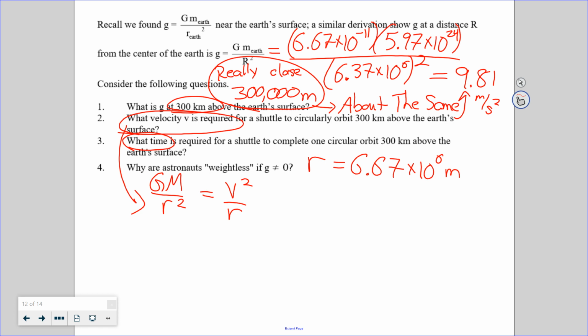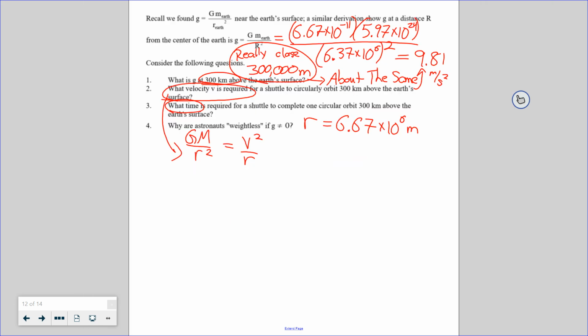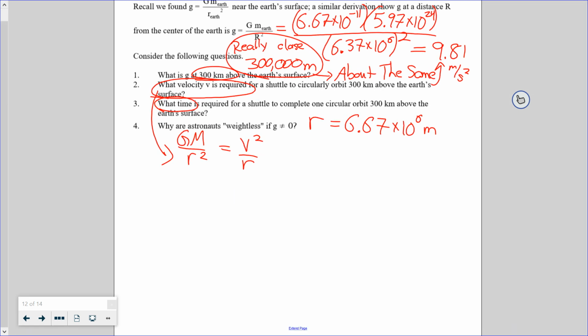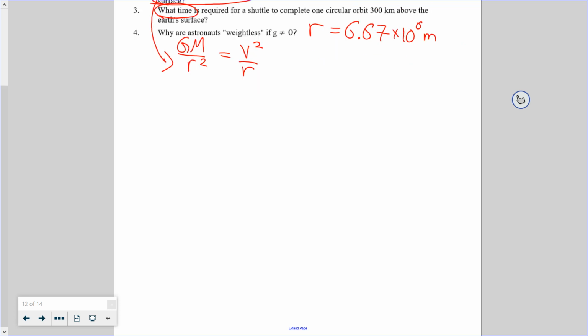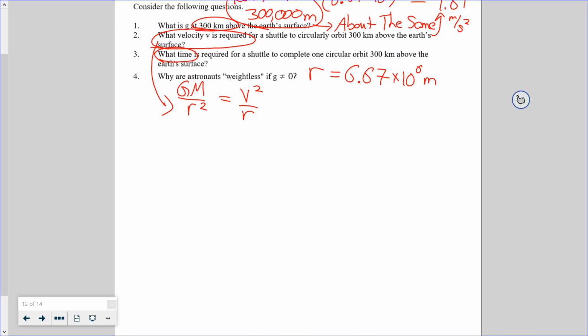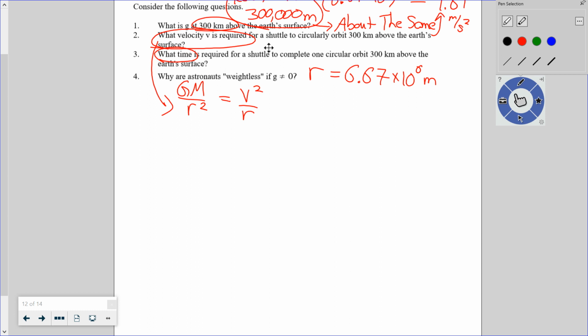I do know the radius, and I know how to make circles. So what I'm really after is, I want to use this formula again. I would like to take 2 pi r divided by the time to go once around. Time is what I'm looking for.